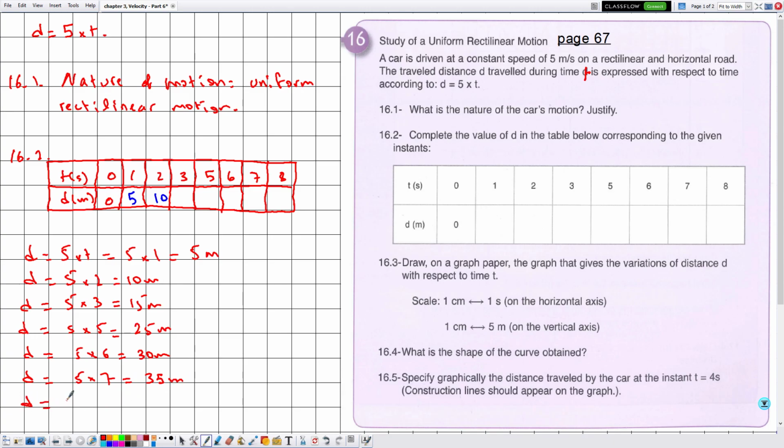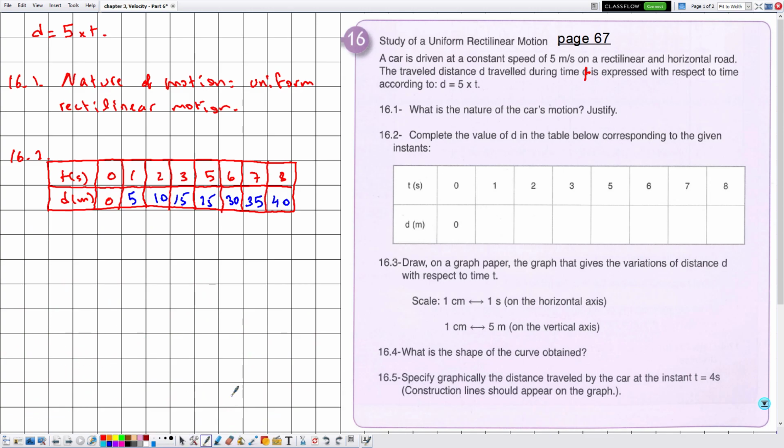And d is equal to 5 times 8, which is equal to 40 meters. Then we can fill up the table: 15, 25, 30, 35, 40. So this is it for 16.2.